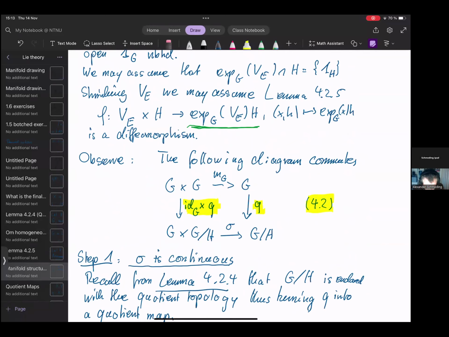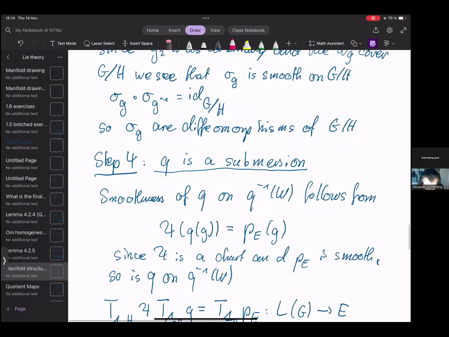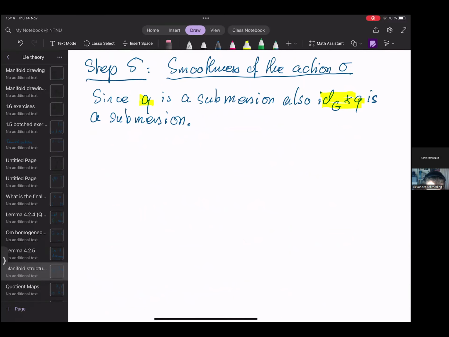So from the universal property of the submersion, if we go upstairs first and then downstairs, we have a smooth map because it's just multiplication composed with the submersion. And since the identity times Q is also a submersion, composed with sigma it gives us, by commutativity of the diagram, a smooth map. The universal property of submersions is giving us the following.